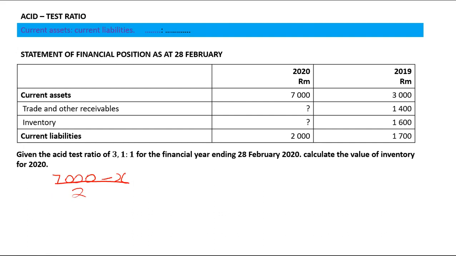Correct. And then that is equal to what? Isn't it 1? No, 3,1. 3,1.